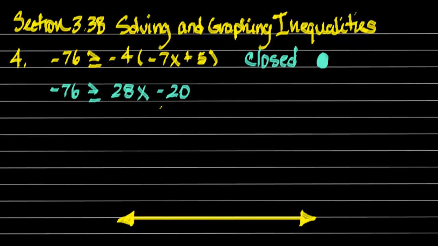So take the inverse of a negative as a positive, so that will become a positive 20. We do it here, and then we do it to this side to keep the equality. So that gives me a negative 76 and a positive 20, gives me a negative 56 is greater than or equal to. You know that this one goes to 0, so all that we have left on this side is 28x.